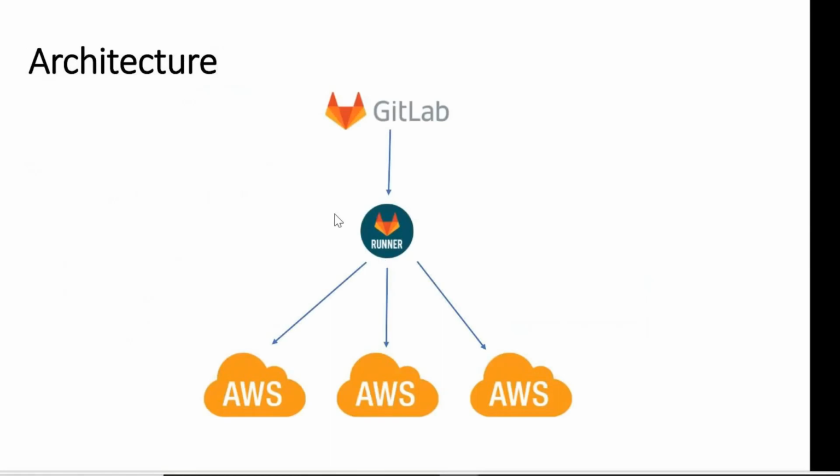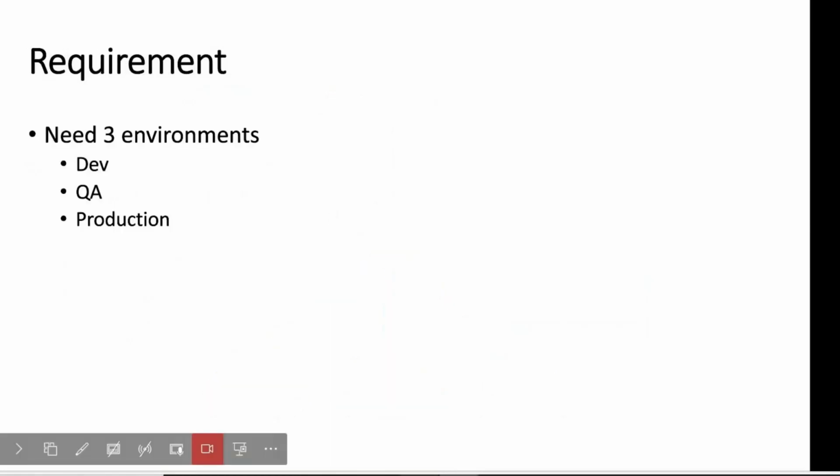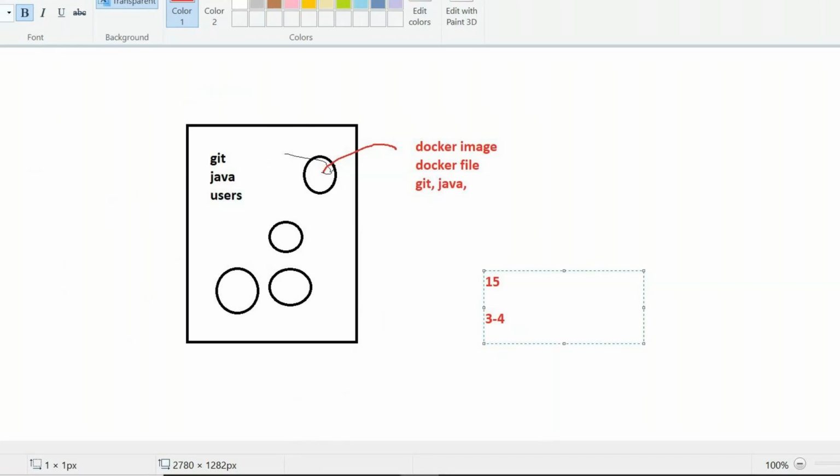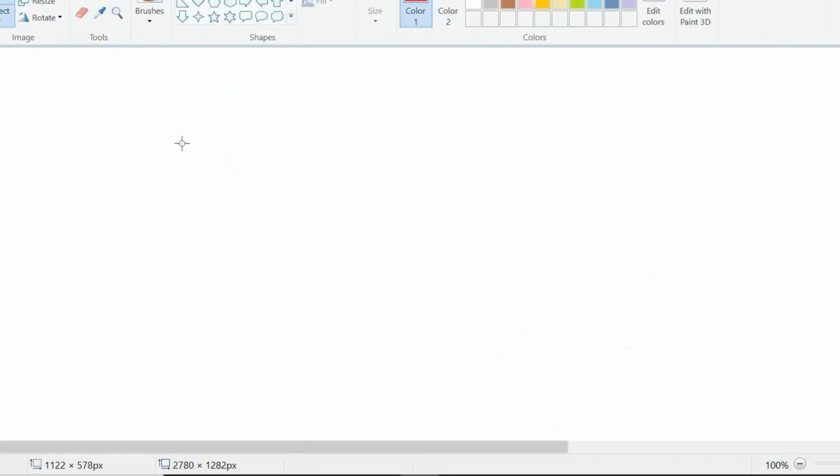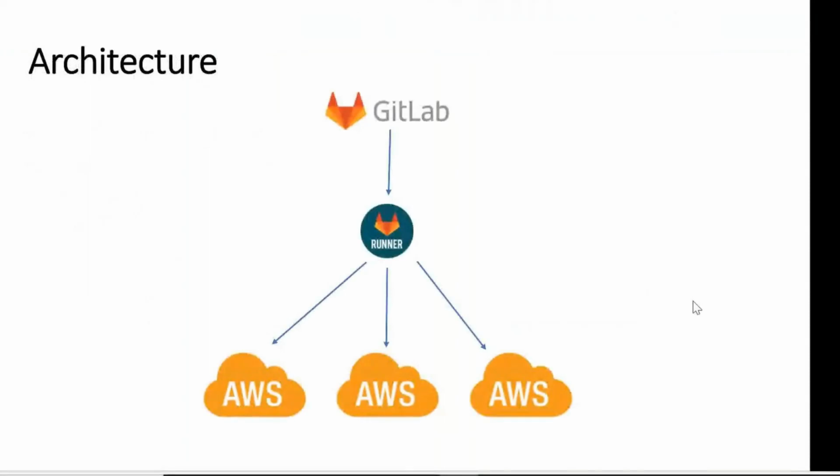I will show you the architecture of how we design it. I missed adding this diagram before, but I will quickly draw it. Whenever there are three environments, we create three different AWS accounts.